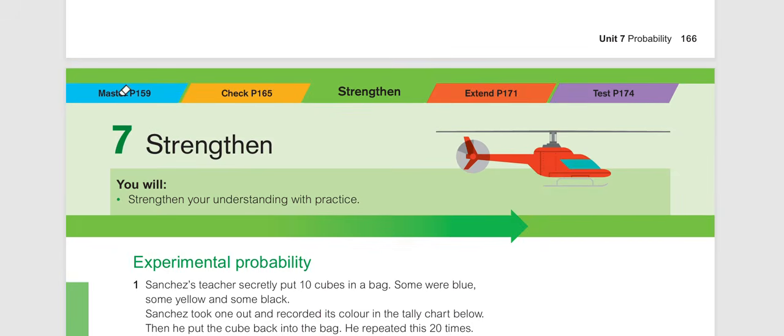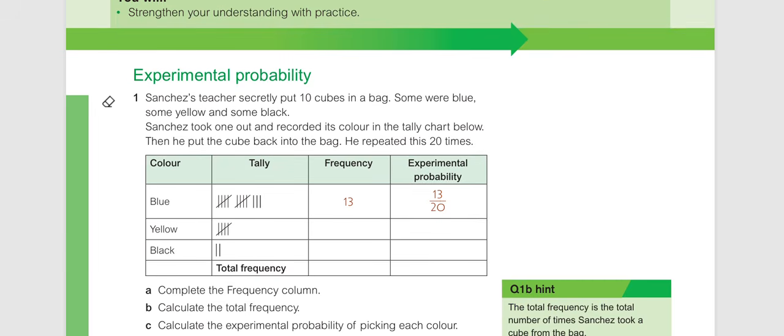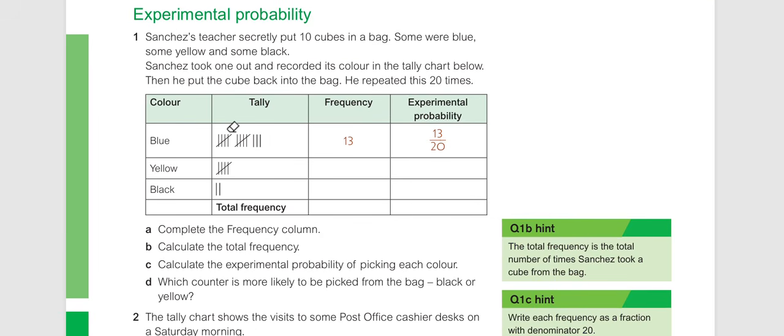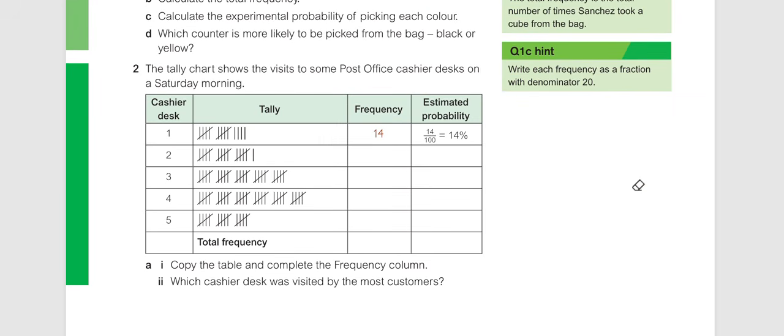And also in strengthen, we can take question 1 in experimental probability. So always refer to the hints given for each question. Here it's question 1b. For this they are giving you a hint. So go through it. It will help you to solve the question easily.